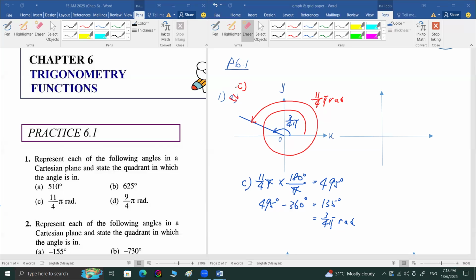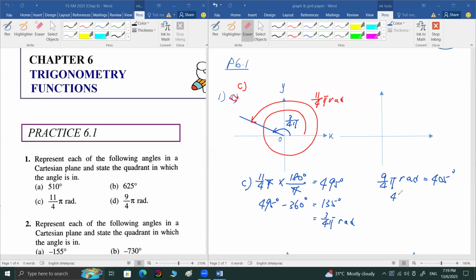Okay, sorry for waiting, class. Check the answer again. Just now, 9/4 pi. Can you get 405, right? The degree that I get is 405. Same, you multiply with 180 per pi, yeah?